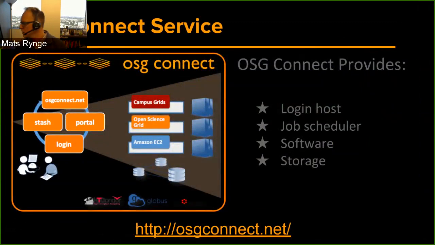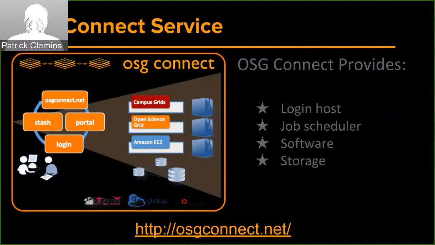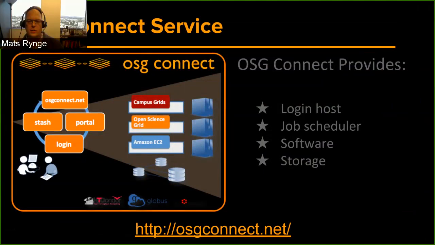The particular corner of Open Science Grid that we'll be talking about is called OSG Connect. There are many different ways into OSG. If you're part of a bigger collaboration, you might have your own gateway in there. But this one, OSG Connect, is dedicated to individual scientists, small labs, and small projects that are looking for more of a hosted environment.